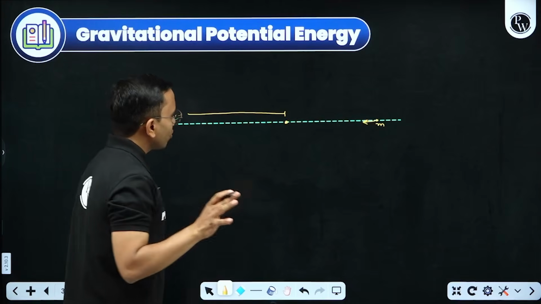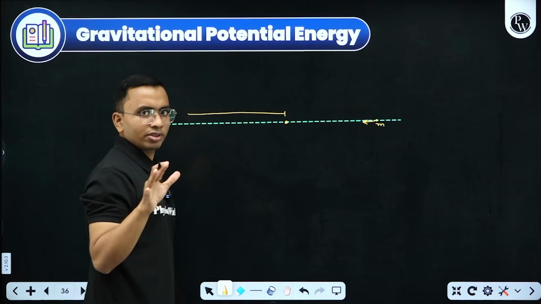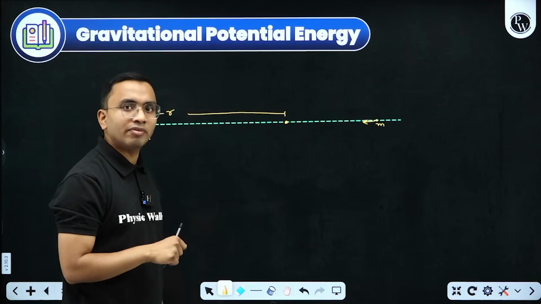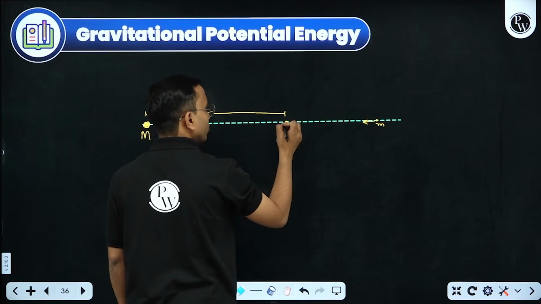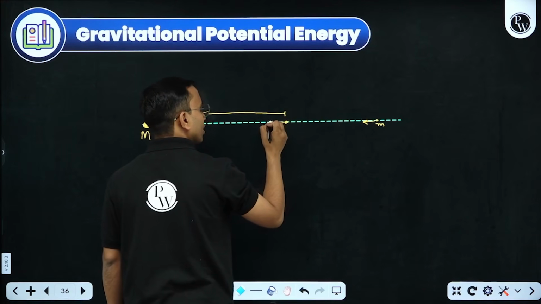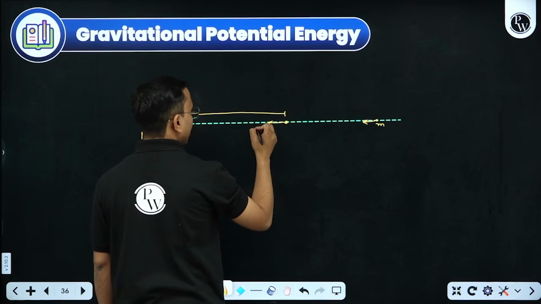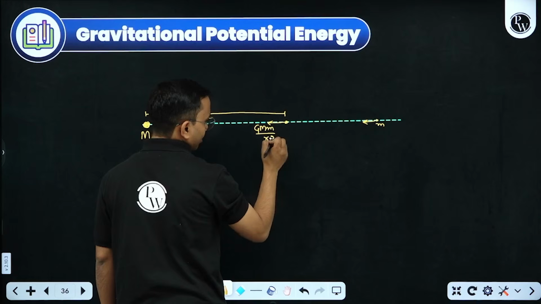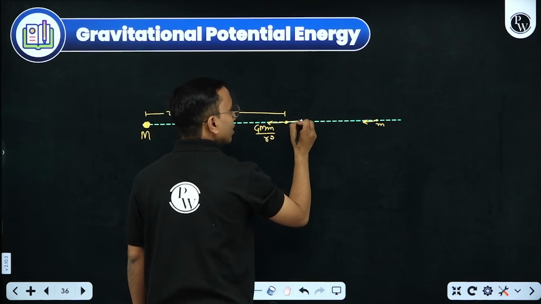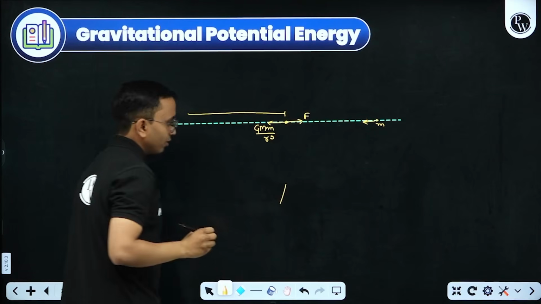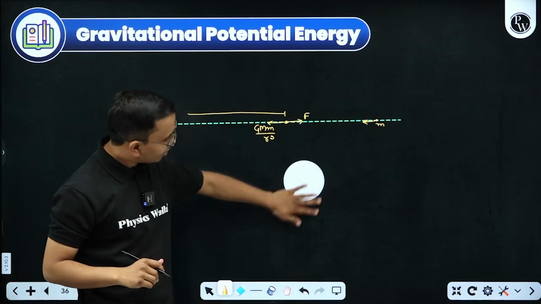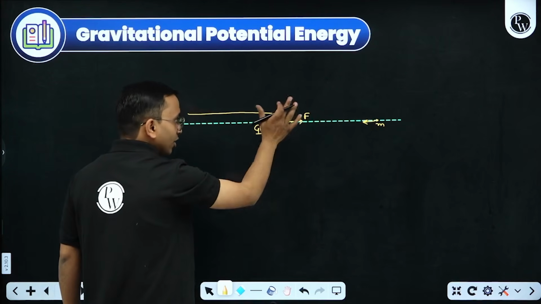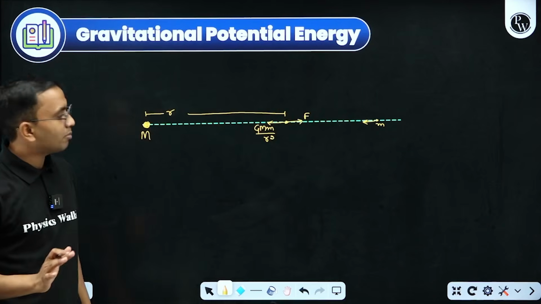Constant speed means zero acceleration. Zero acceleration means I will be applying a force equal and opposite to that of gravity. What is the direction of the force due to gravity? Towards this. This is my force due to gravity, and that is GMm by r square at this instant. I will be applying equal and opposite force F, then only I will be moving it slowly. So the magnitude of F will be GMm by r square only.